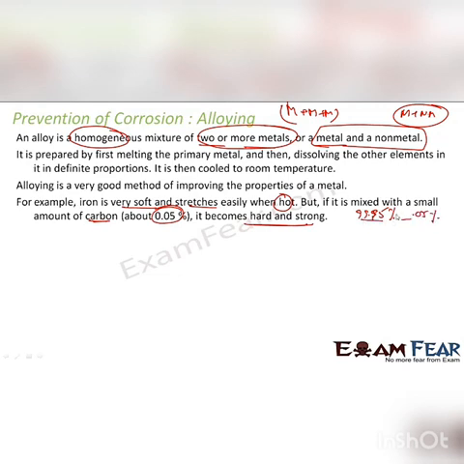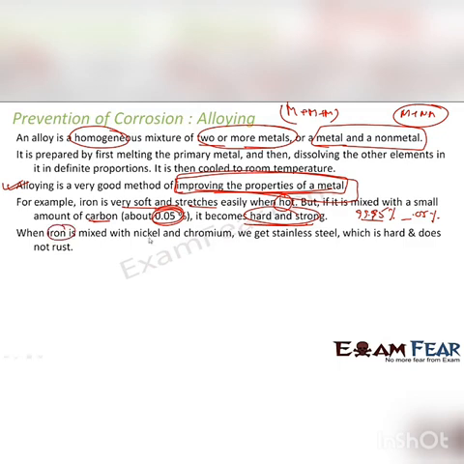You mix it in the molten state, cool it down, and this becomes very hard. Alloying is a very good method of improving the property of a metal. There has to be a reason why we are doing alloying, right? So it improves the property of the metal. In this case, iron was a little soft when hot. Then we put only 0.05% of carbon and it has become very hard and strong.